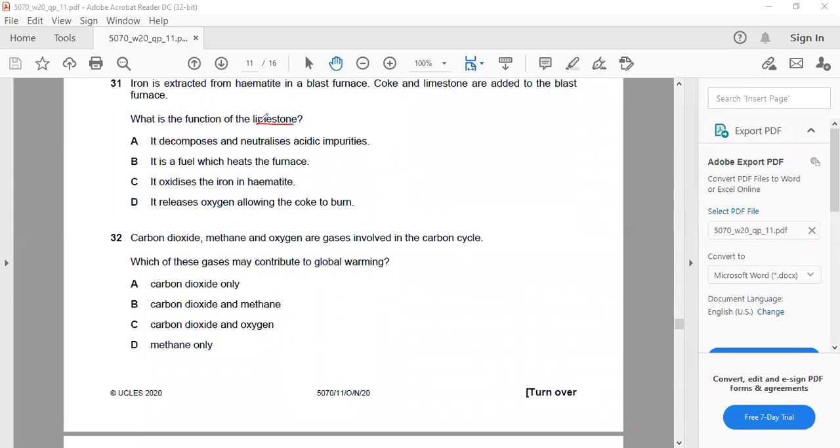Okay, what is the function of limestone? You all know limestone decomposes on heating in the blast furnace and then reacts with the acidic impurity, sand, and forms calcium silicate, slag. A fuel, wrong. It oxidizes iron, wrong. It releases oxygen, wrong.